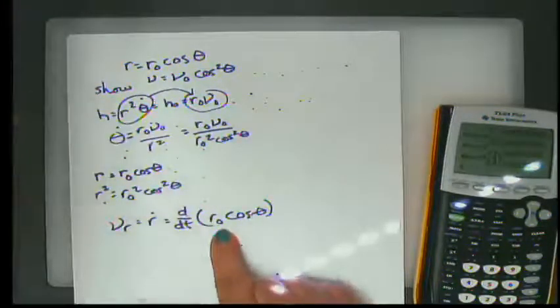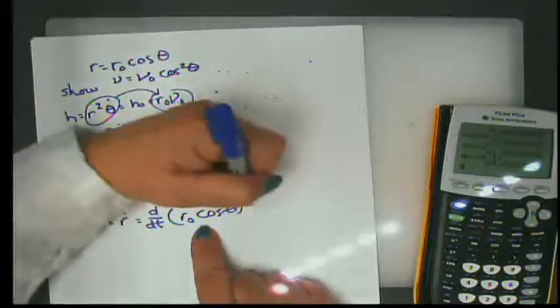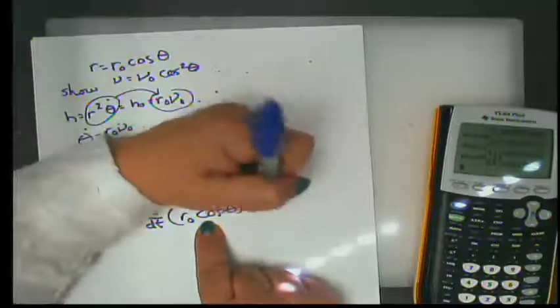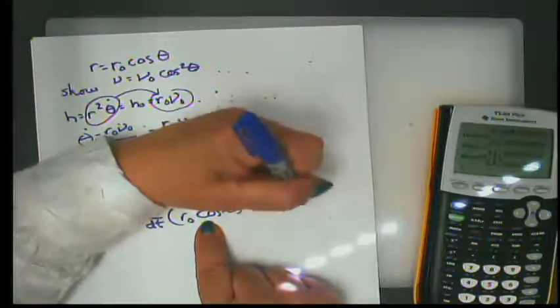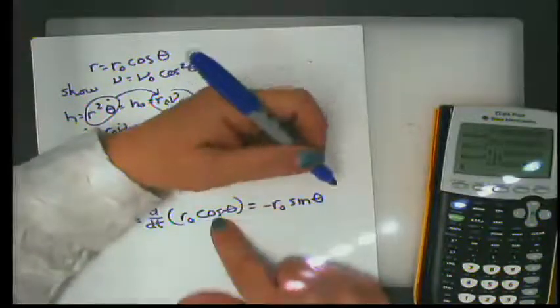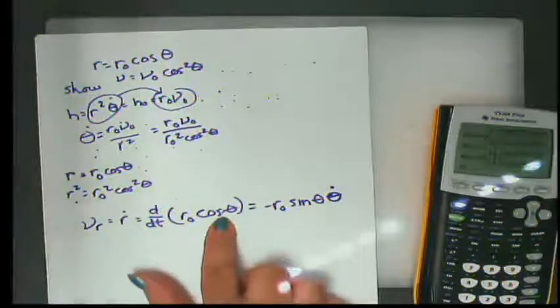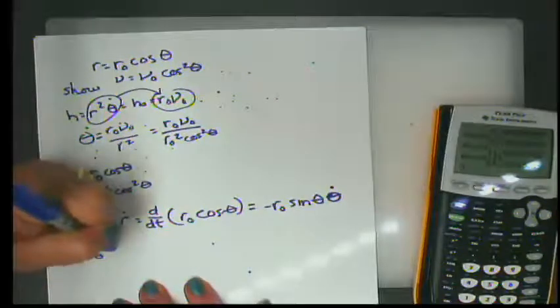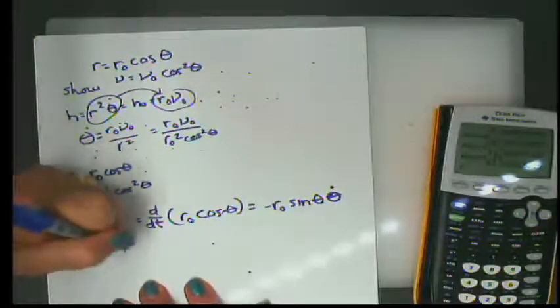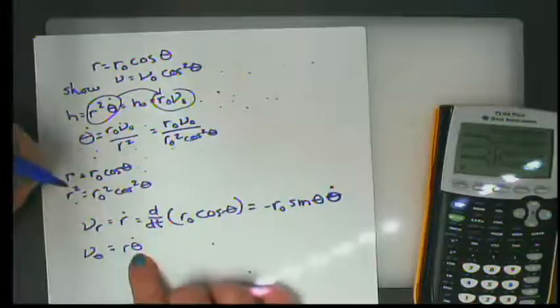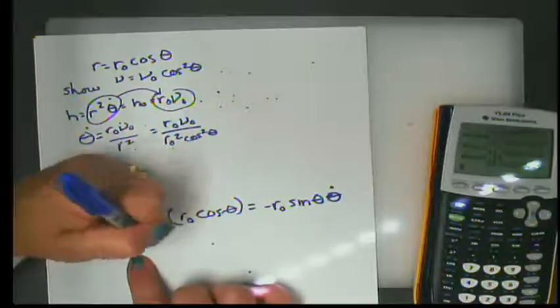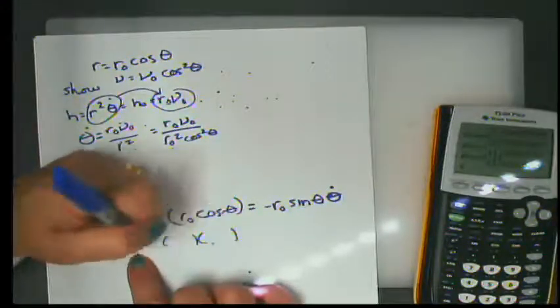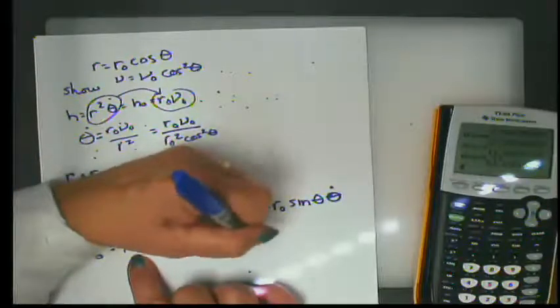Cosine goes to minus sine, so it's minus r0 sine theta times the time derivative of the function, which is theta dot. And in the transverse direction, this is going to be equal to r theta dot, from those original equations. So you can take those two functions and differentiate with respect to time.